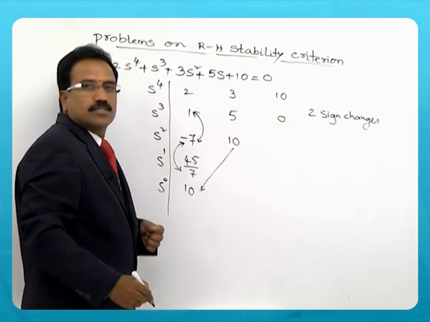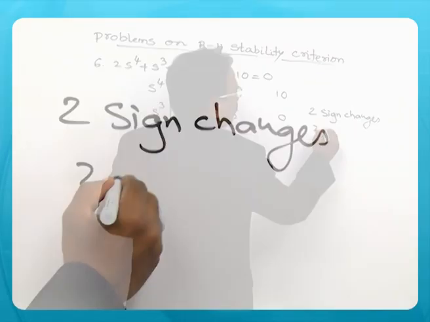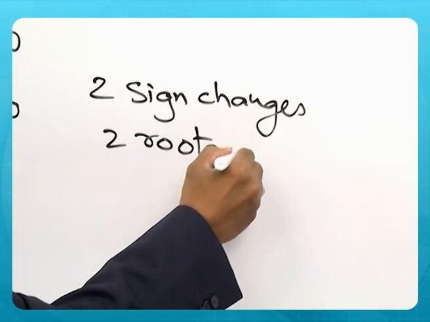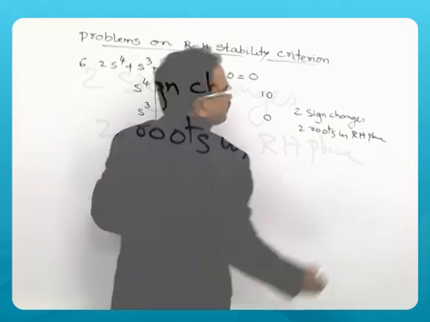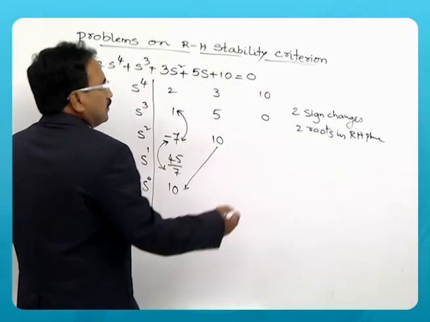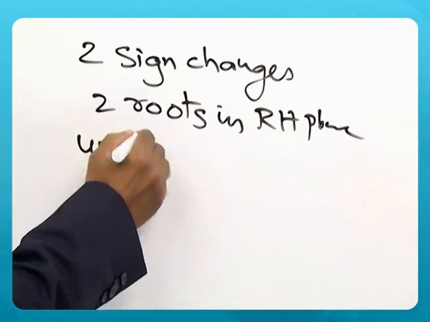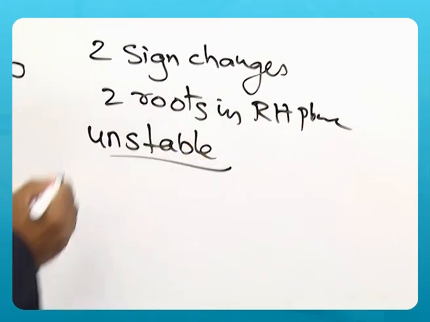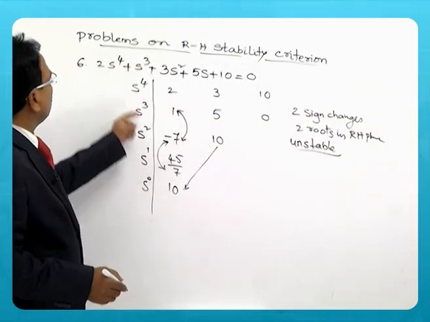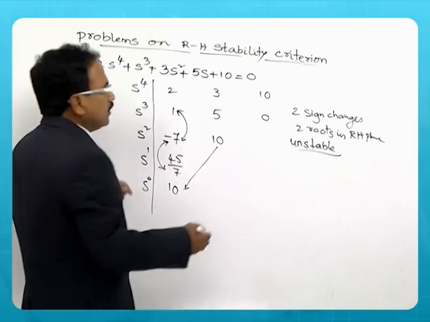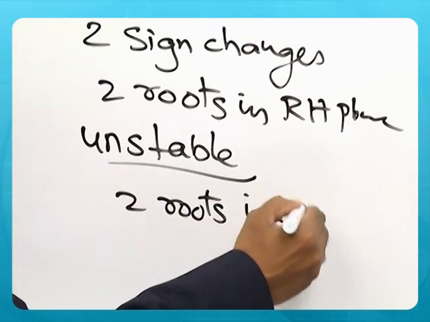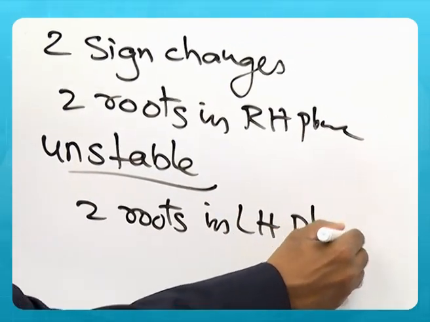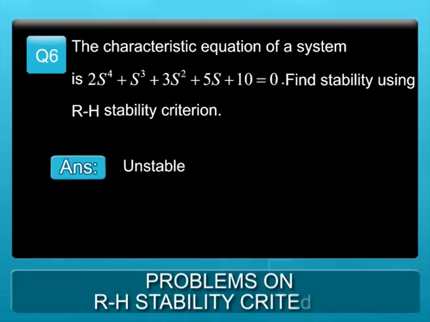Two sign changes indicate two roots in the right half of the S plane, and so the system is unstable. The system is unstable because two roots are in the right half out of 4 and the remaining two roots are in the left half of the S plane.